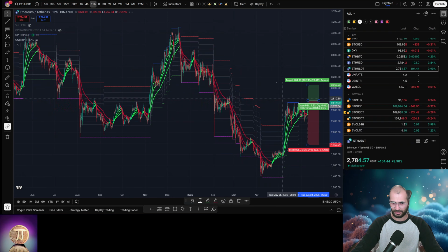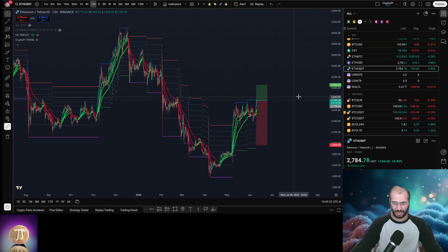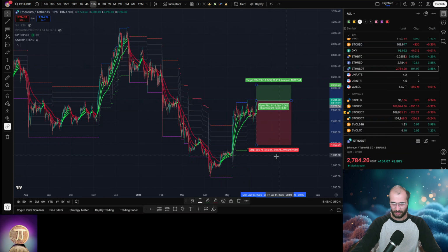So for this trade to really work out, it would take days, but we are just here for learning purposes, so it is totally alright. Okay, so we have 29.04%.